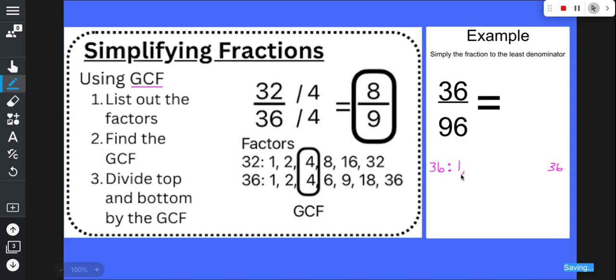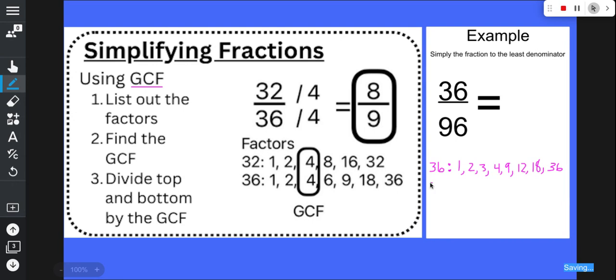I know that 2 and 18 do. I know that 3 and 12 do. And I know that 4 and 9 do. And I worked my way from outside to inside.